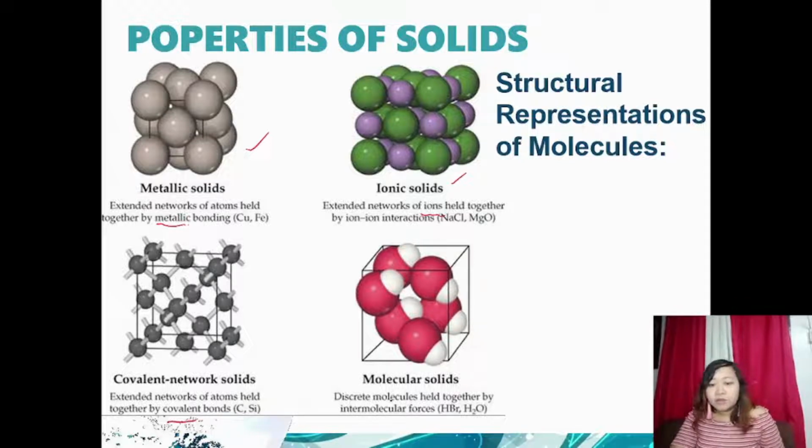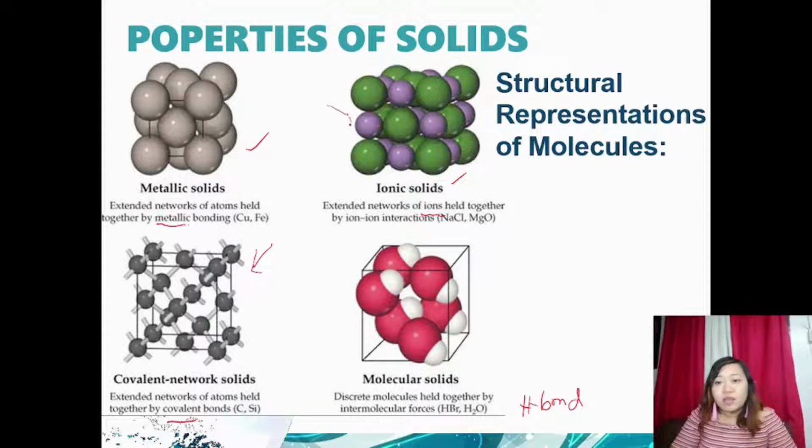For molecular solids, when you see hydrogen there and the strongest force that interacts in the compound is H bonding, it is classified as a molecular solid. So can you see the difference? It is basically not a network. That's why it has that kind of structure.